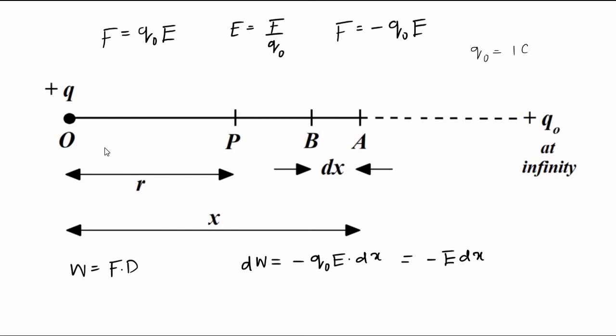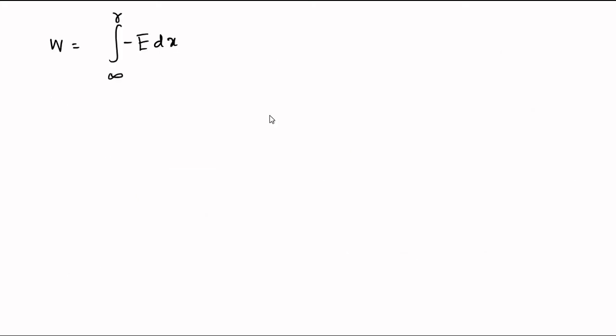Now we know that the expression of electric field intensity is equal to 1 by 4 pi epsilon 0 q by r square.